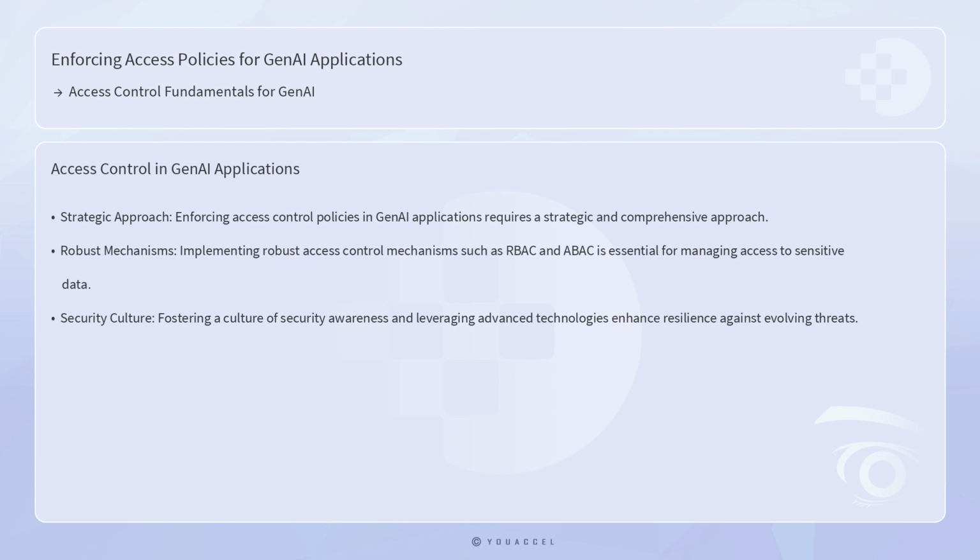Furthermore, by fostering a culture of security awareness and leveraging advanced technologies, they can enhance their resilience against evolving threats. As GenAI technologies continue to advance, the importance of rigorous access control will only grow, underscoring its critical role in the governance and ethical deployment of these powerful systems.